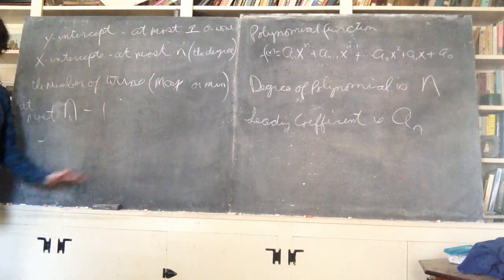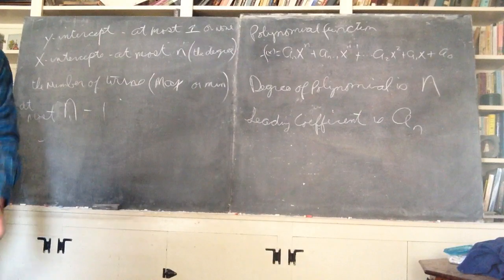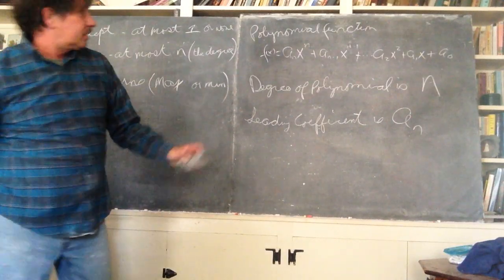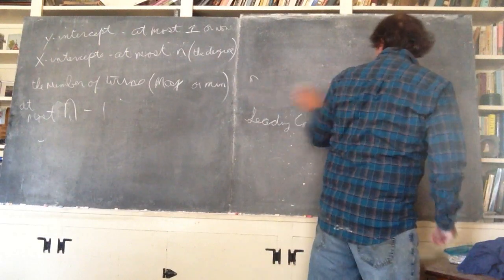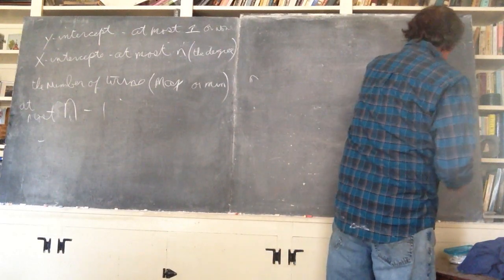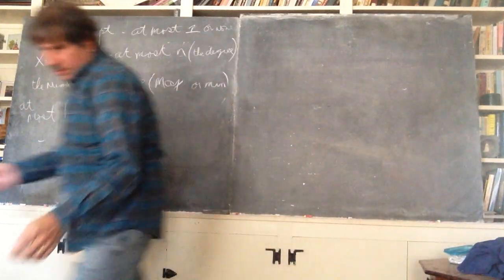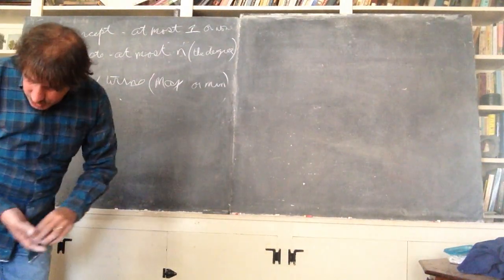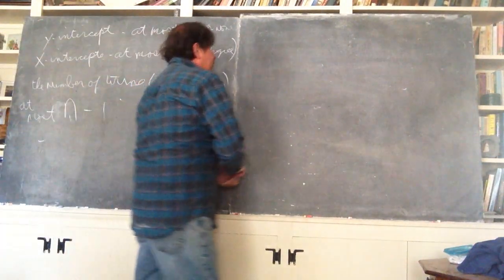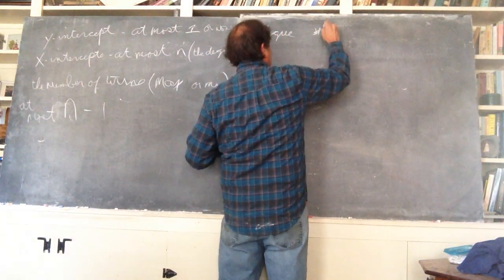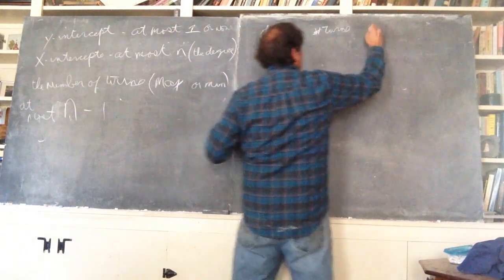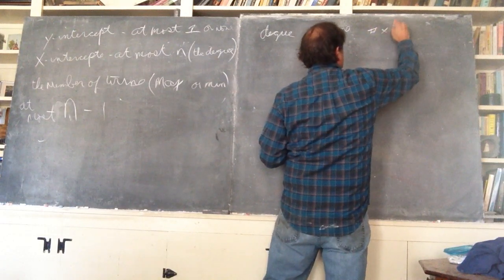So I'm going to put this into a chart over here, and I think that'll be this particular section. Polynomial functions, and I'll write some examples. Let's see, how did this chart go? Degree, number of terms, number of x-intercepts.